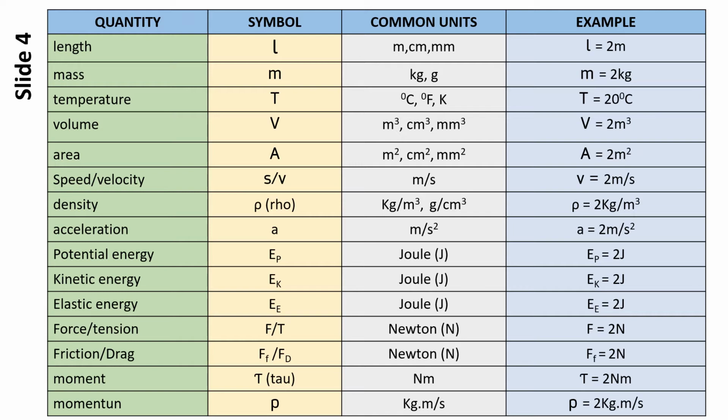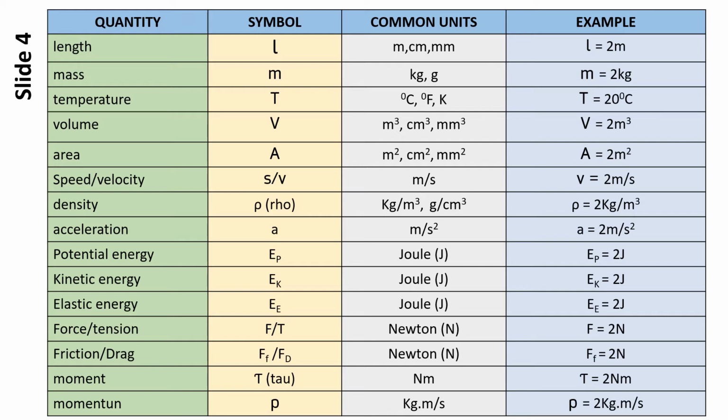Density, use the Greek letter rho. And the unit for density is a derived unit. So here we have kilograms over cubic meter, or grams over cubic centimeters. Acceleration, represented by the letter A, meters per second squared.